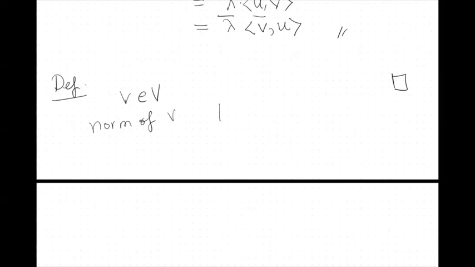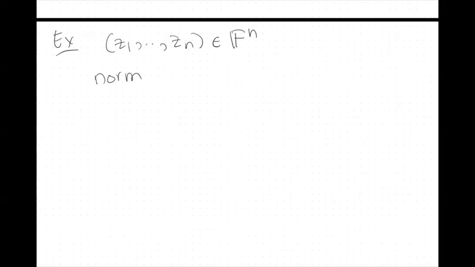Now we introduce a new definition. Here v is a vector, an element of the inner product space. The norm of v is given by the square root of the inner product of v with itself. Example.